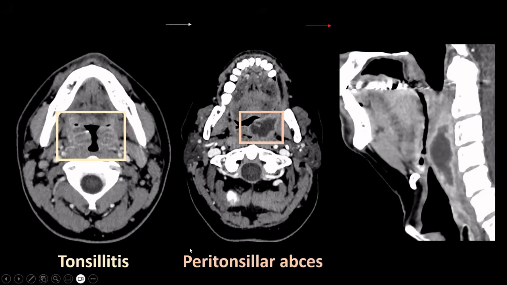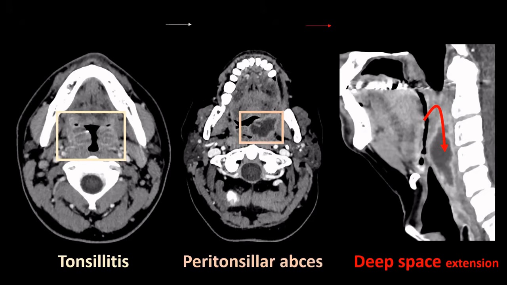Next stage in a tonsillitis is the development of an abscess, which we call a peritonsillar abscess. And if this infectious process can spread beyond the fascia lining the oropharynx, it can involve the parapharyngeal space, or in this case, the retropharyngeal space.